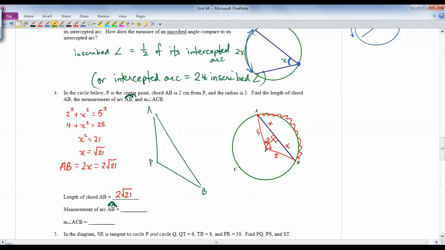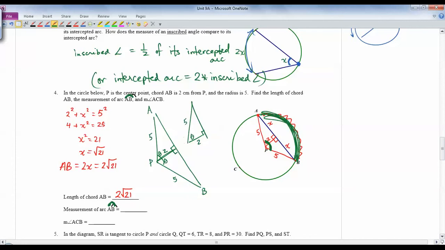Really what I want is this angle. It's a central angle, so it's equal to this arc right here. And I already know that this is 2, these are 5. And since it's isosceles, if I chop it down the middle, this angle and this angle are going to be the same. So I'll call them theta.